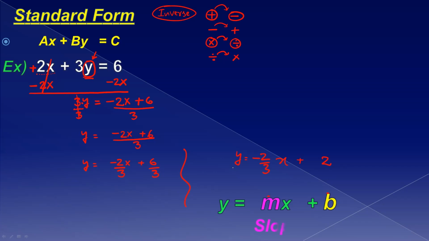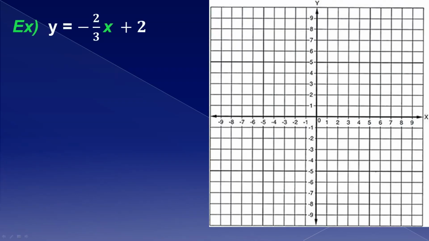Now this is called the slope-intercept form. You see that m is negative 2/3, which is the slope of the given line, and next 2 is the y-intercept. How we are going to use this, I'll explain in the next slide.